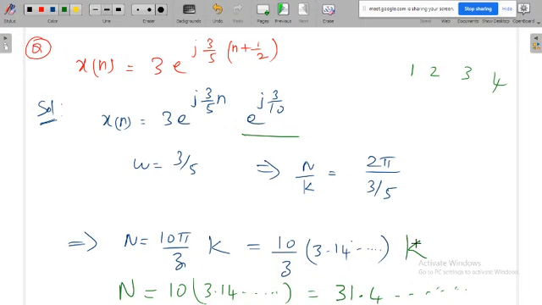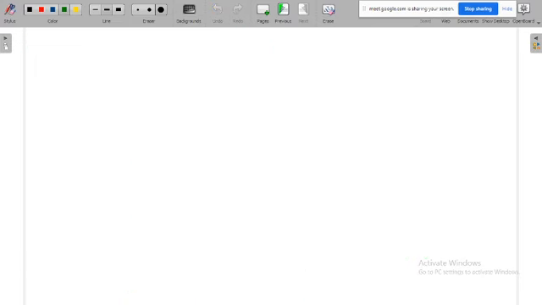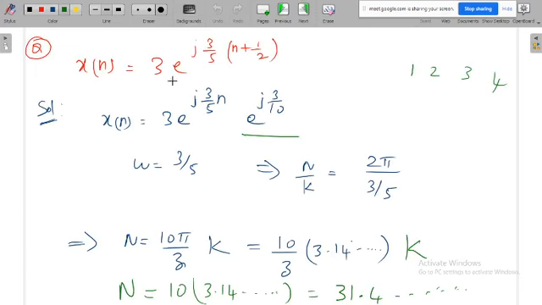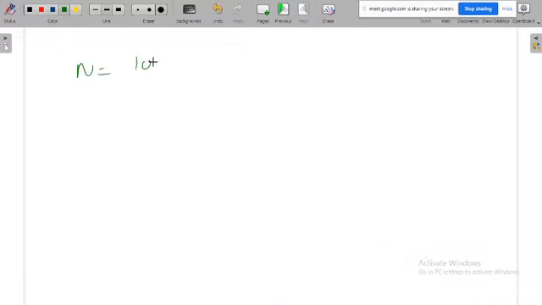See, by putting k as an integer, you cannot make n an integer. You can make n an integer in another way, but that is not valid. Say for example, if you put 10 pi by 3 into k, and I put k is equal to 3 by 5, then I will get n is equal to 10.